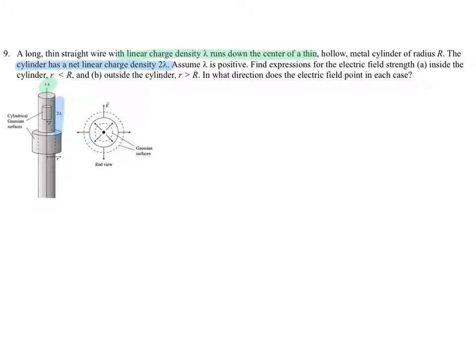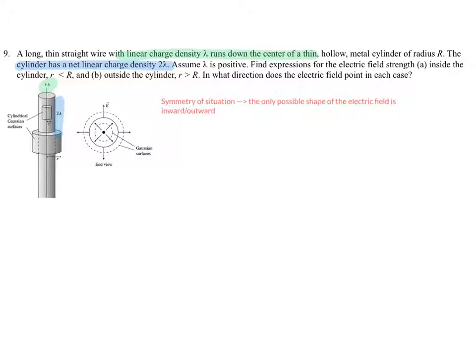But before we do some stuff, let's make some observations. The symmetry of the situation here implies that the only possible shape of the electric field is inward or outward.